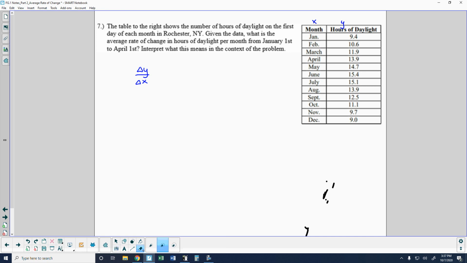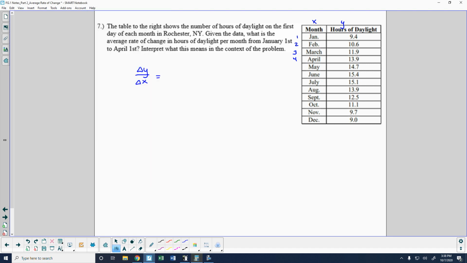Now we need to go ahead and attribute some numbers to these. In the x column, we could say January is 1, February is 2, and so on. April would be 4. If you said January is 0, April would be 3 in your x column, and that's okay. You'll still come up with the same answer. So now, change in y over change in x.